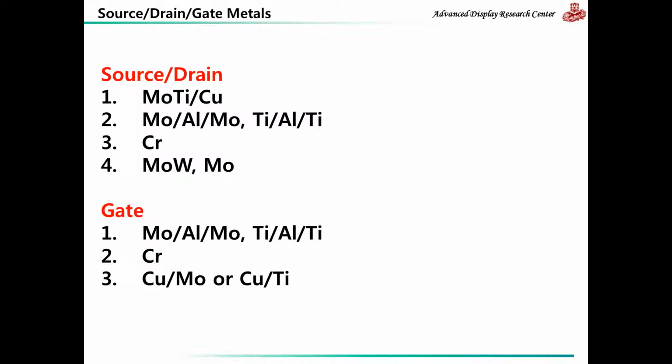Here is a list of the metals that can be used as electrodes. Now, moly is commonly used, but other alloys and other metals can also be used to lower the contact resistance, or to improve the adhesion between the amorphous silicon and the metal layer. And similarly for the gate, moly and moly alloys are also used as gate electrodes.